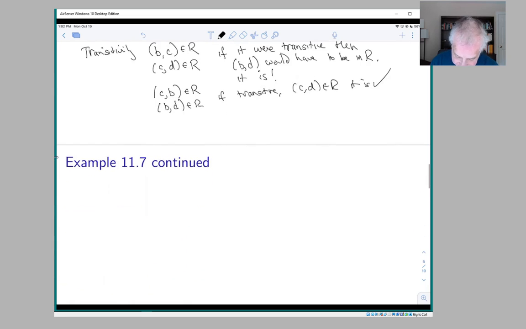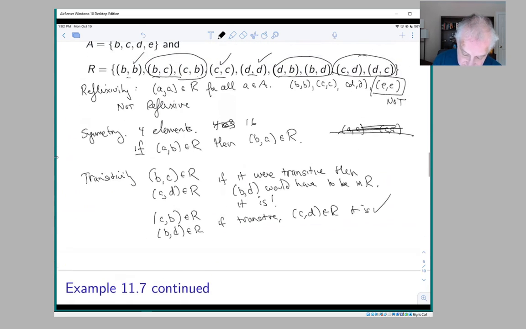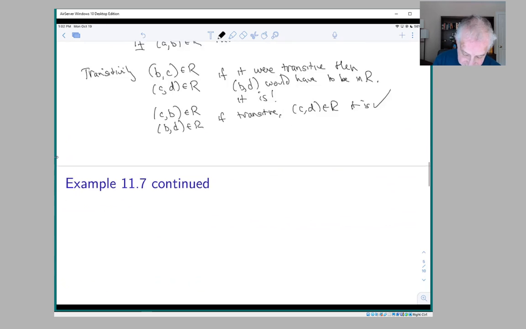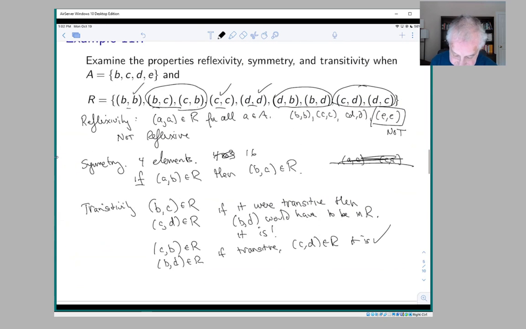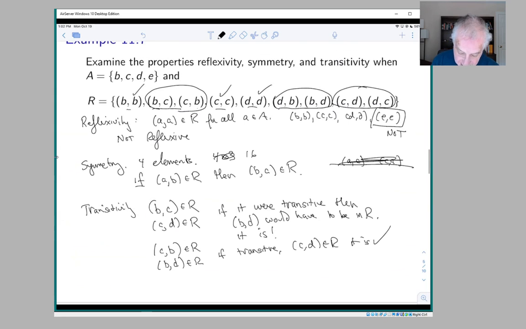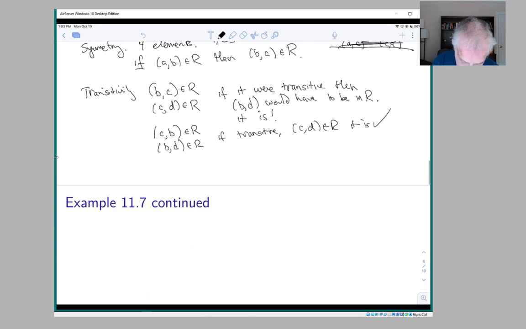And what do we have to check? Well, we would have to check all triples. And how many triples are there? Since repetition is allowed, there are 4 times 4 times 4, which is 64 triples we'd have to check. And just to give you an example, if the triple that we had to check was CDE, what would we do?